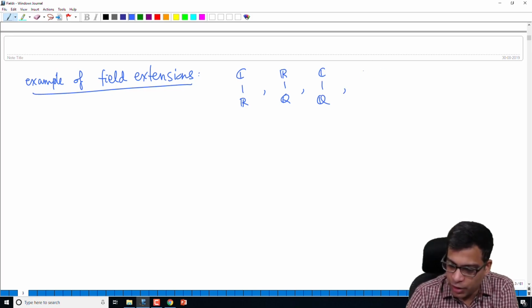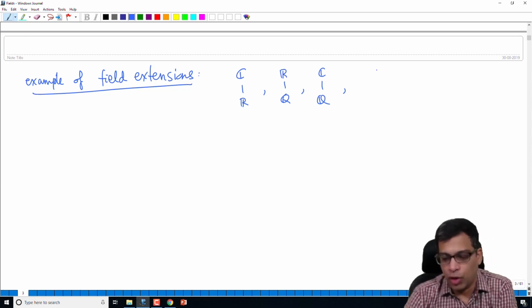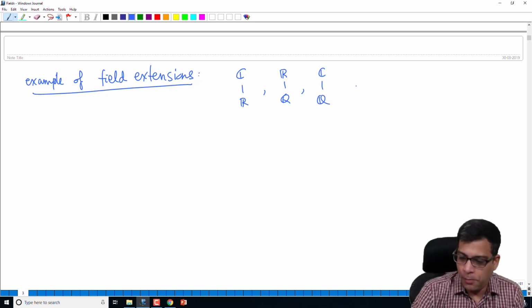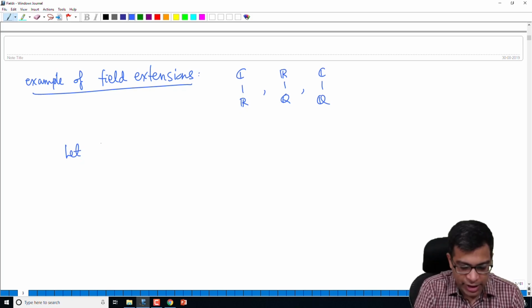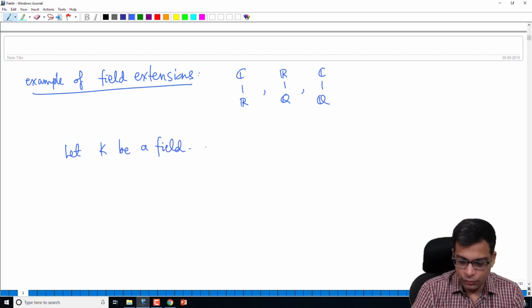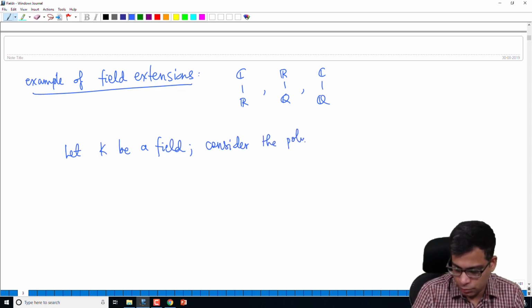So I can introduce one obvious extension field of Z mod PZ in the following way. So let K be a field, consider the polynomial ring K[x].